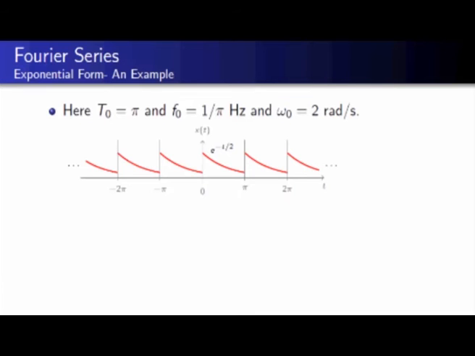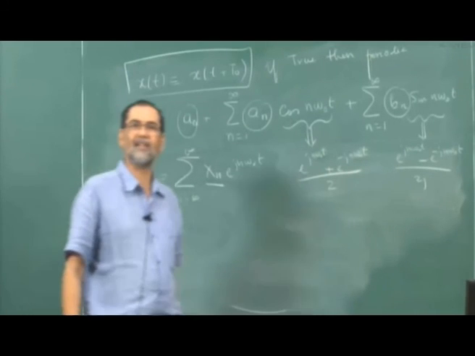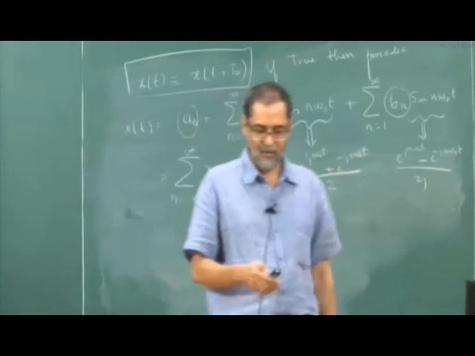So for this periodic signal where an exponentially decaying part is repeated every pi seconds, I know the values of t naught, f naught and omega naught. I want to compute xn, the Fourier coefficient for this particular signal. I want to compute the Fourier series.